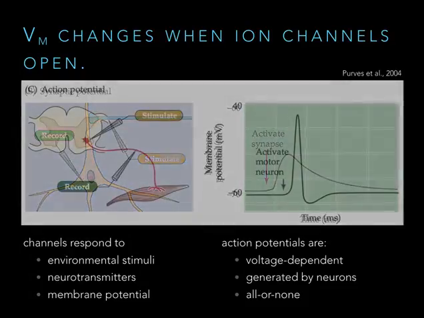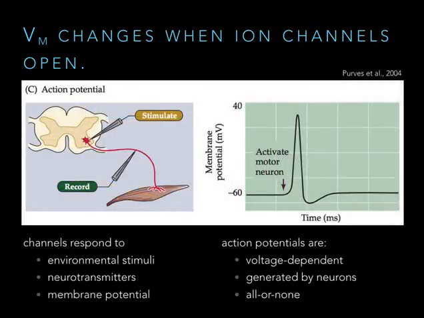And then there are some ion channels that open in response to changes in membrane potential. These are going to be the ion channels that are responsible for action potentials and active signals like that. So suppose that we were to dump even more glutamate onto our neuron.